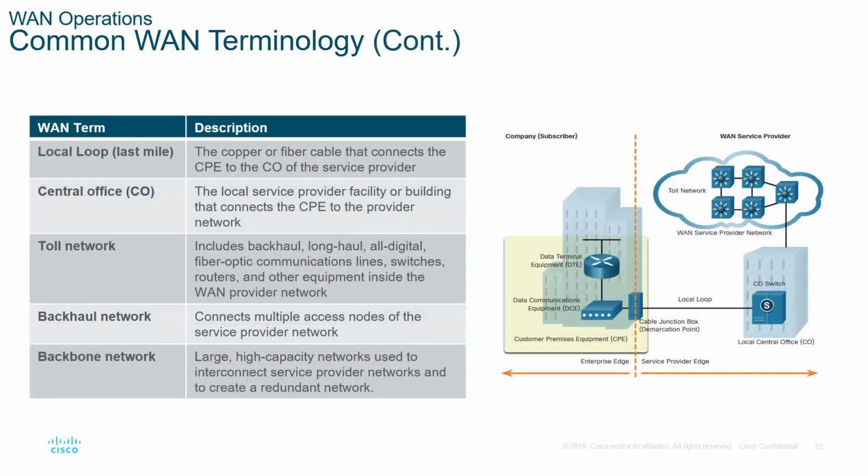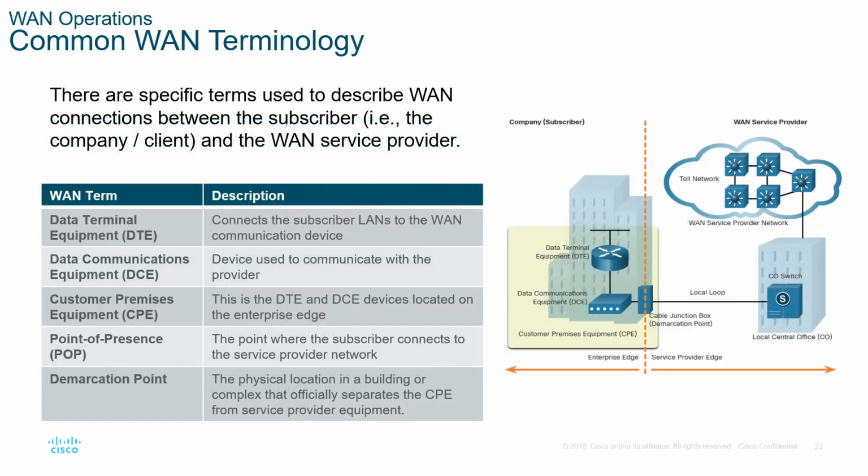There you go. You also have something called the backhaul network or the backbone network. The backbone network is a term that refers to all the stuff that the ISP runs. So usually the backbone network is found at the point of presence.